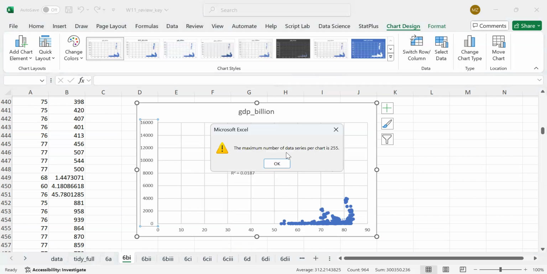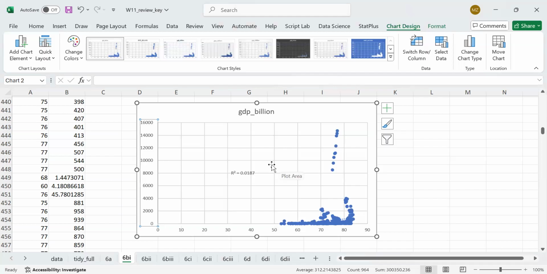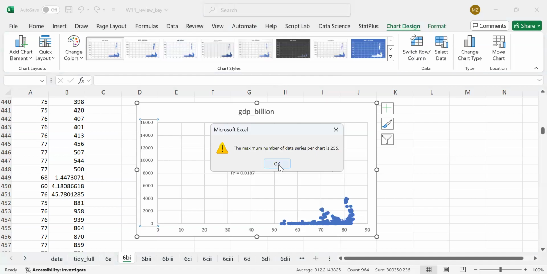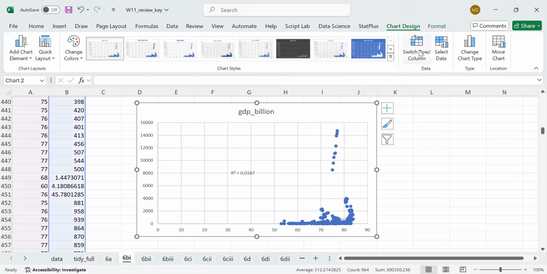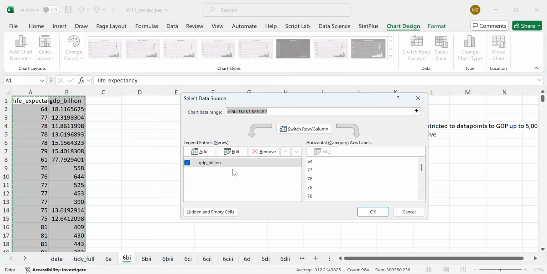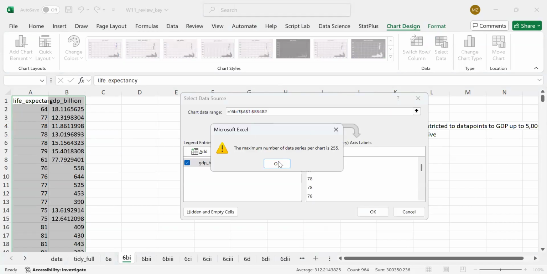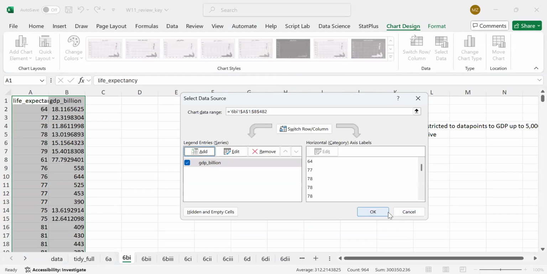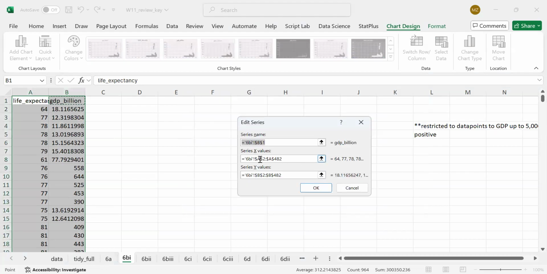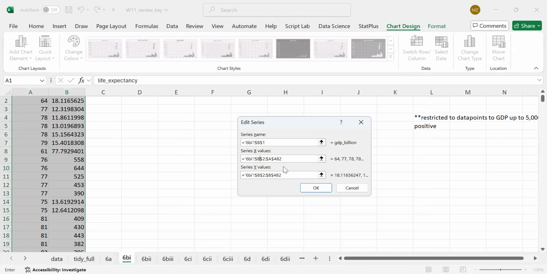So you can go to select data here and switch A with B. It should be able to do it automatically, but somehow, for some reason, it's not doing that. But in any case, you can do it manually here.